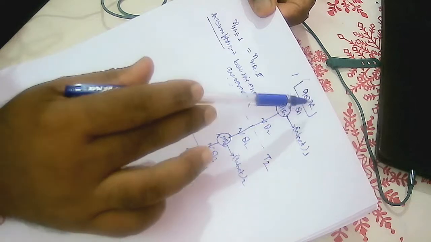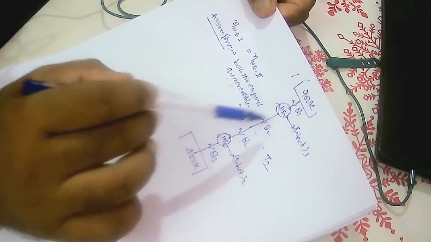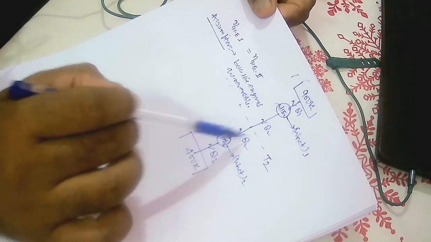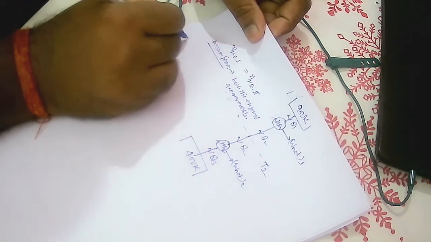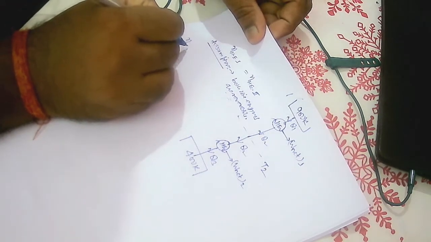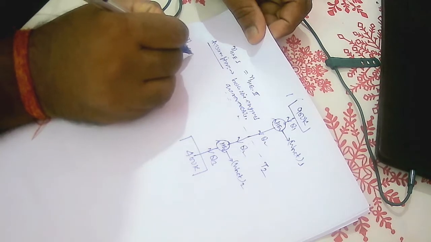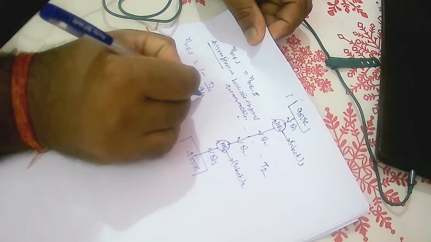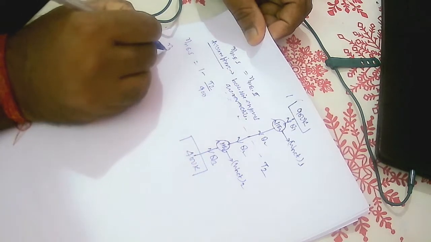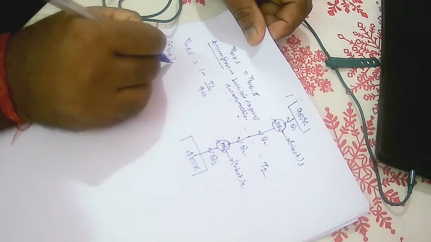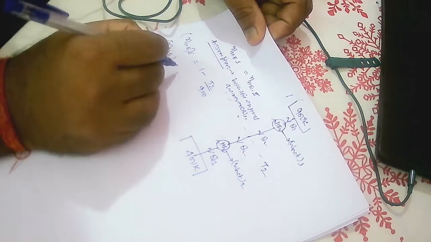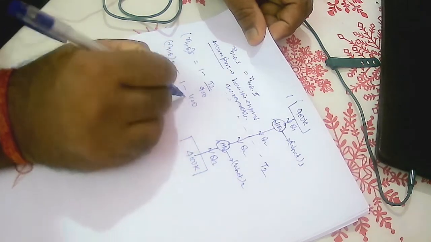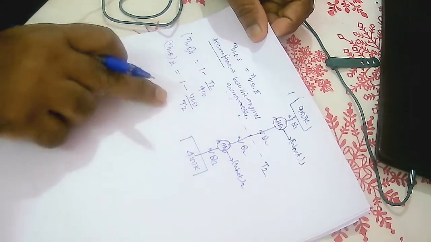So we can write efficiency of engine 1, which operates between 900 and T2, and efficiency of engine 2, which operates between T2 and 400. Efficiency of heat engine 1 is equal to 1 minus T2 divided by 900, and efficiency of heat engine 2 is equal to 1 minus 400 divided by T2. It becomes like this.